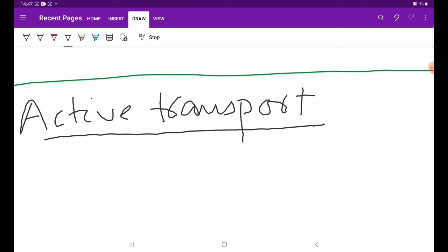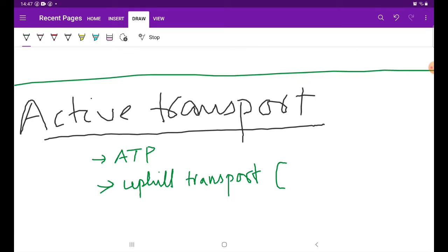So in active transport, ATP is used, and as ATP is being used, uphill transport happens most of the time. Uphill transport basically means not from high to low concentration, but from low concentration to high concentration, low to high.